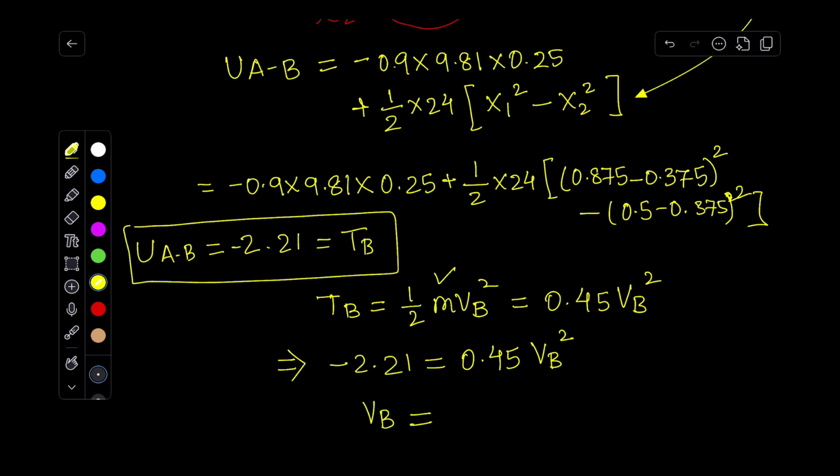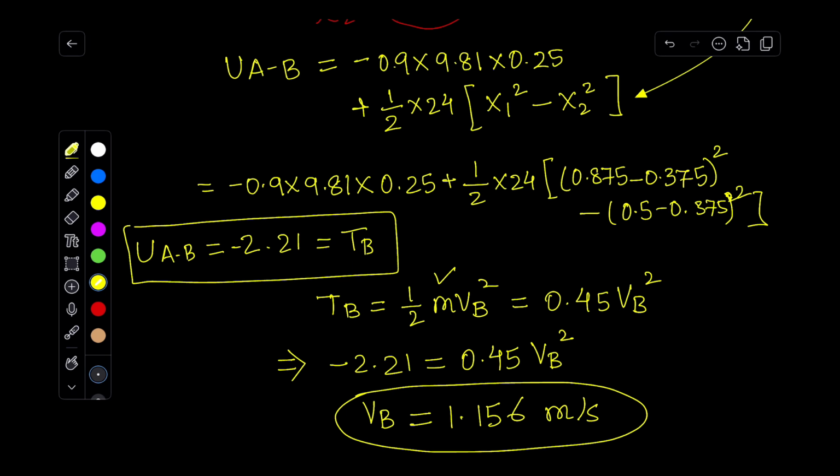So now you can easily calculate the velocity vB by using this formula. vB is equal to 1.156 meter per second.